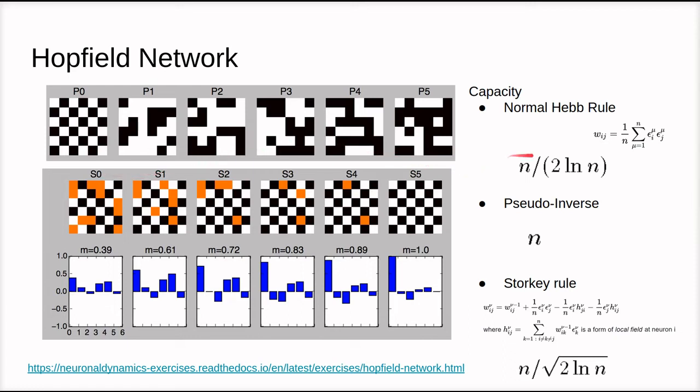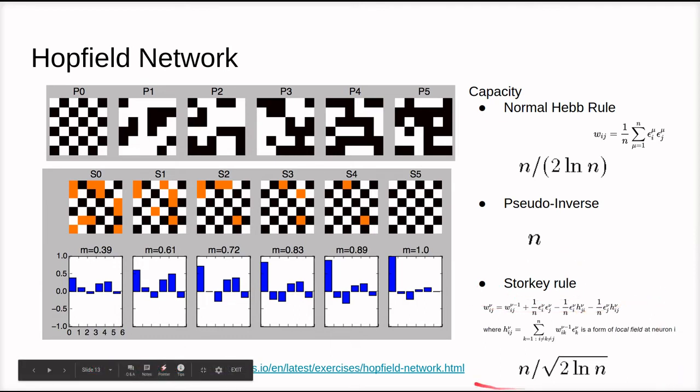You can use the normal Hebbian rule, which gives you a capacity of n over 2 log n, where n is the dimensionality of the pattern. Use a pseudo-inverse training rule, not unlike what we did for the regression rule, and that will let us store n patterns. And then Storkey's rule is another training rule which will give us a larger capacity than the normal Hebb rule, but not quite as nice as the pseudo-inverse.